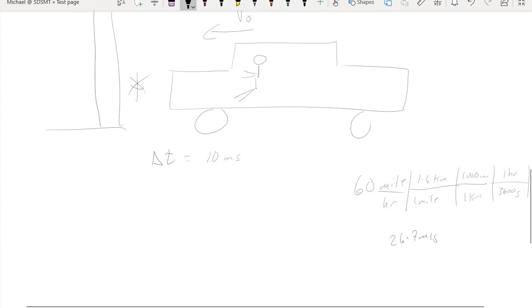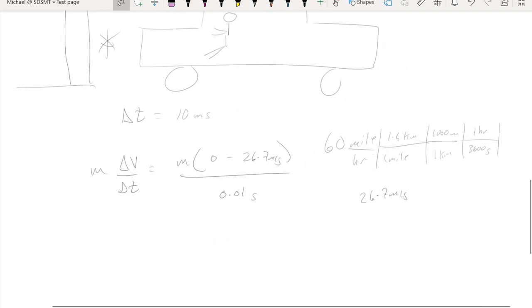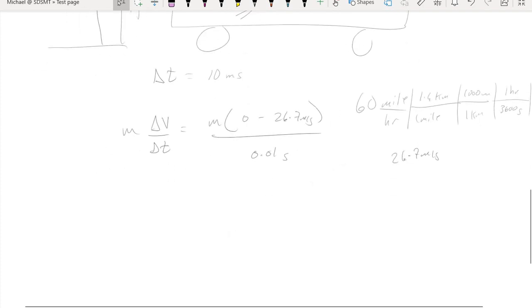So we have to go from 26.7 meters per second to 0 over a time interval of the 10 milliseconds, which is 0.01 seconds. That actually sounds kind of short, but we'll go with it. And then obviously the average force that you experience is going to depend on the mass of the passenger.